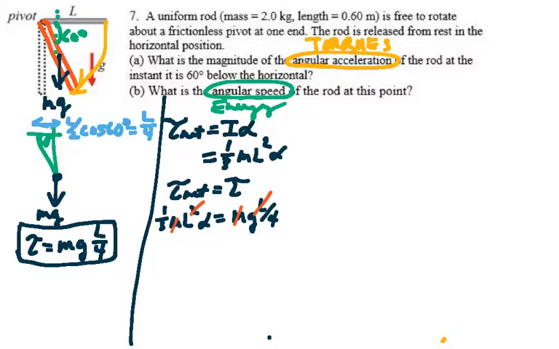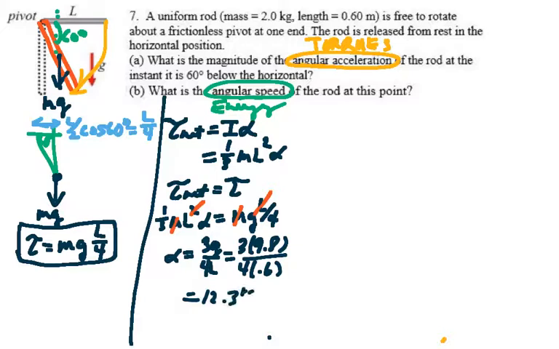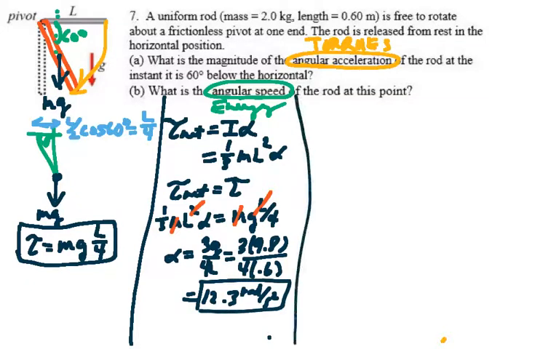Solve this for alpha, and we have alpha is equal to 3g over 4L, which is going to be 3 times 9.8 over 4 times 0.6, and that is equal to 12.3 radians per second squared. So that is our angular acceleration at that point, and we had to do it using torques.